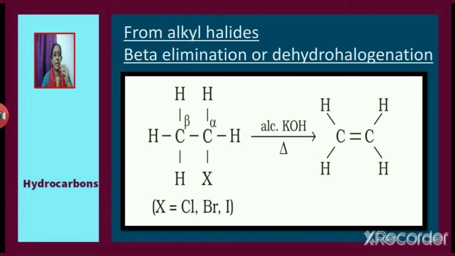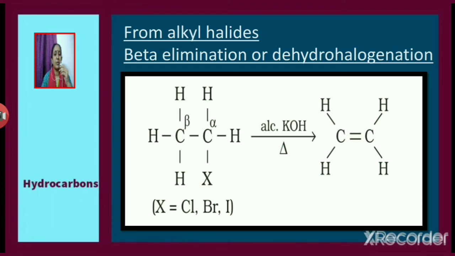Another method of preparation is from alkyl halides. The method is known as beta elimination or dehydrohalogenation. Now consider alkyl halide CH3CH2X. When an alkyl halide is treated with alcoholic potassium hydroxide, along with the halogen atom, hydrogen from the beta carbon gets eliminated.